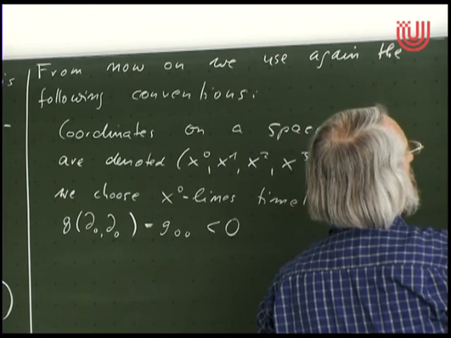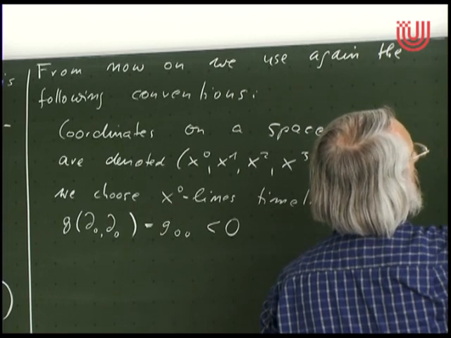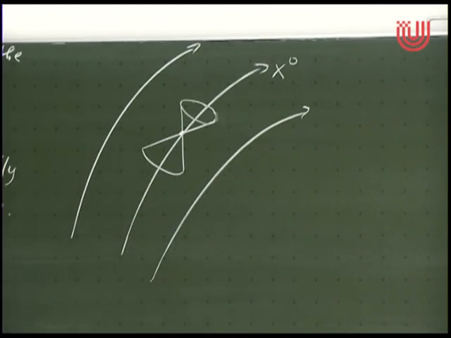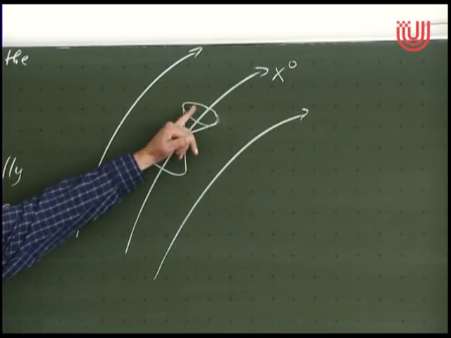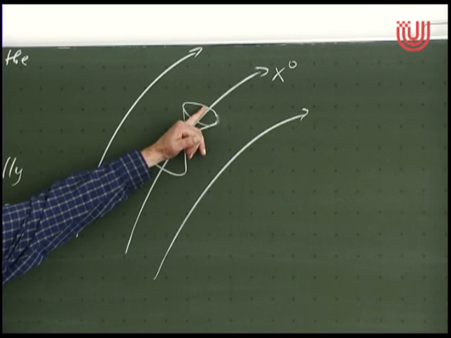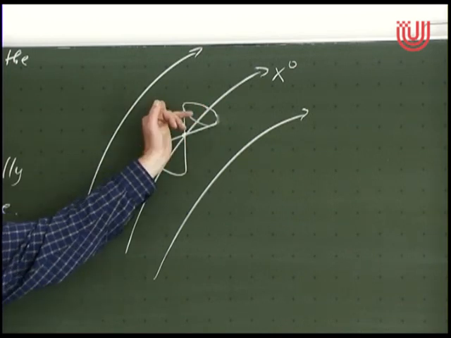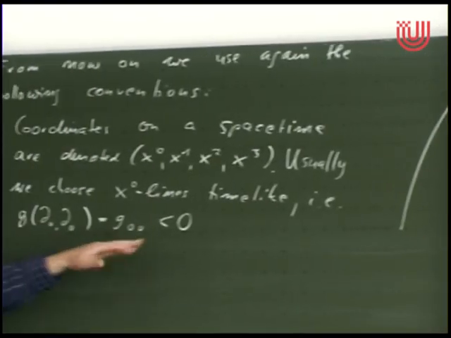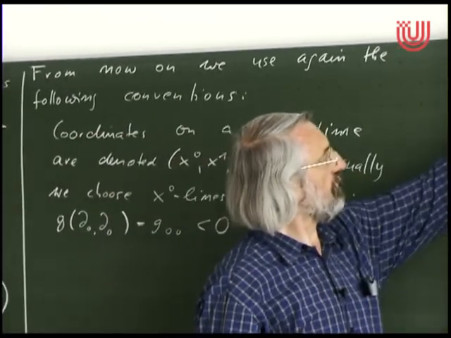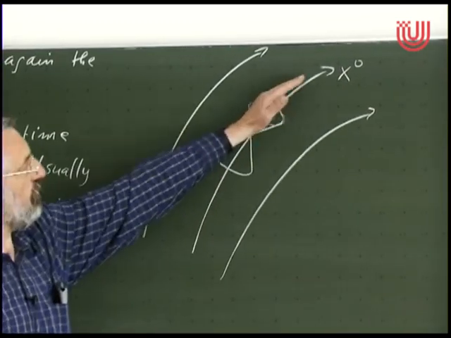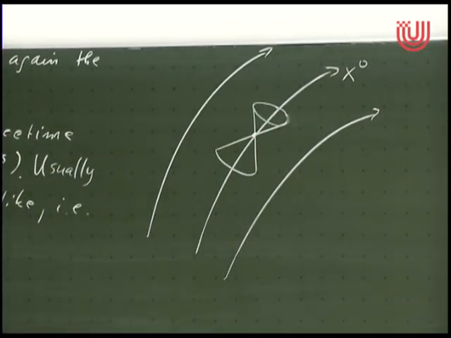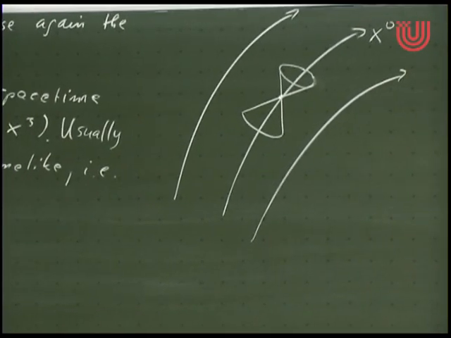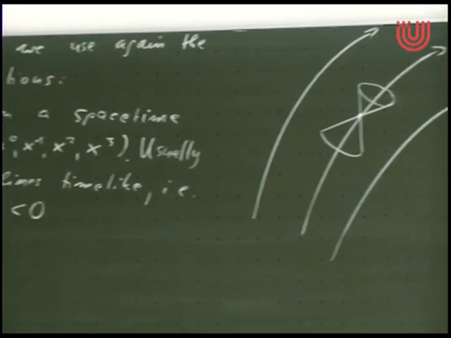At each point I have this light cone on the tangent space, and then I can check if the tangent vector to my curve is inside the cone or on the cone or outside. And this condition tells me that it is inside. This means that these objects which move on these world lines move at subluminal speed. So that's what we usually do. We usually choose the x0 coordinate as a time-like coordinate.